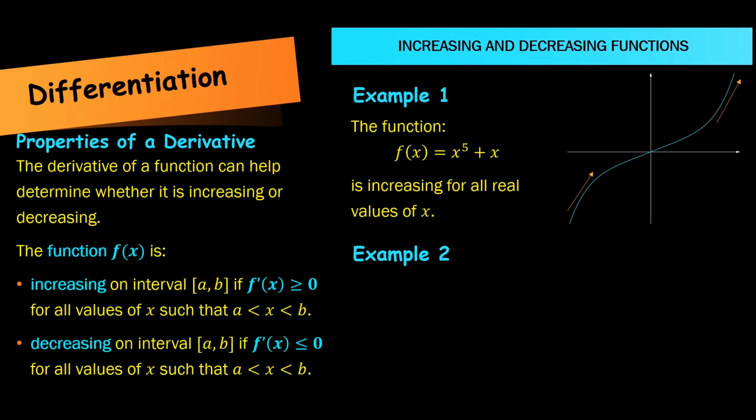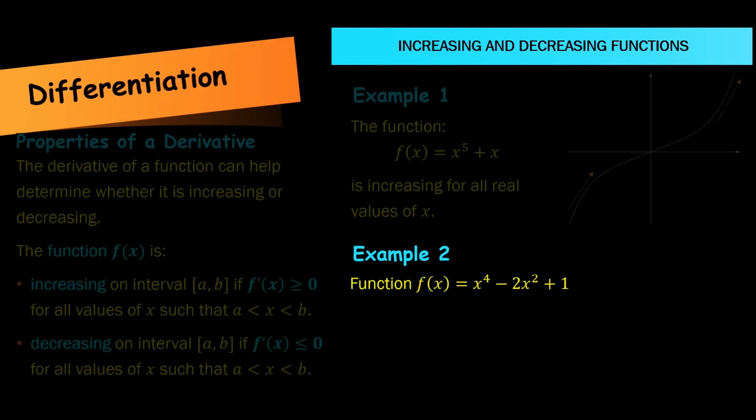Let's take a look at another example. In this example, we look at the function f(x) = x^4 - 2x^2 + 1. This looks something like the graph you can see on your screen here at the bottom. Notice that the function decreases to the point x = -1.